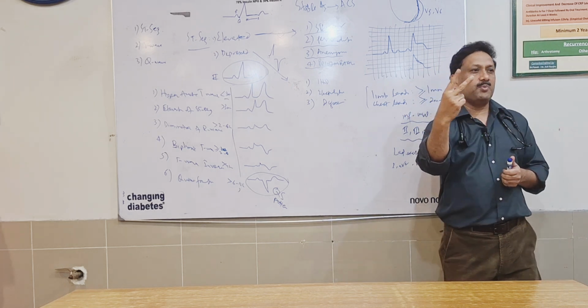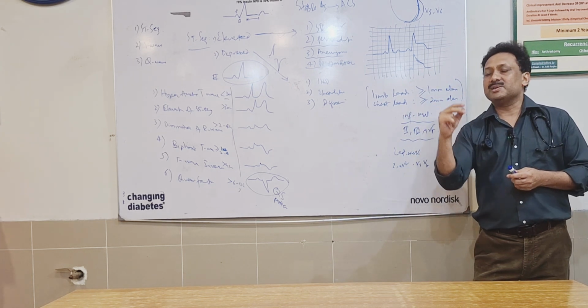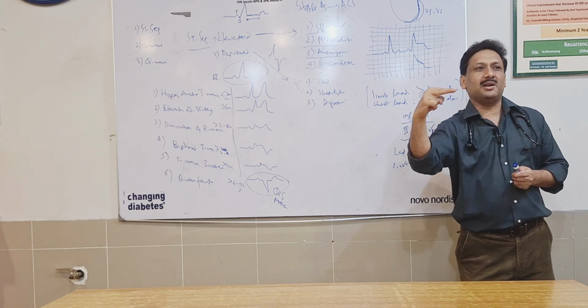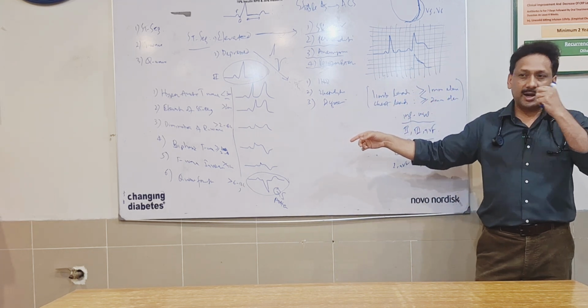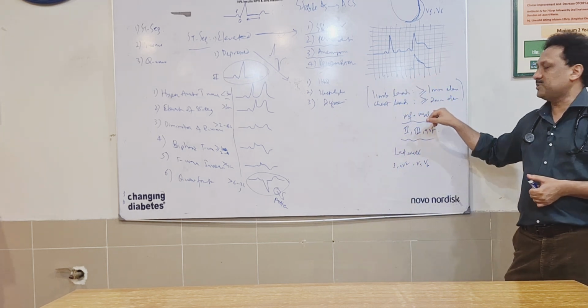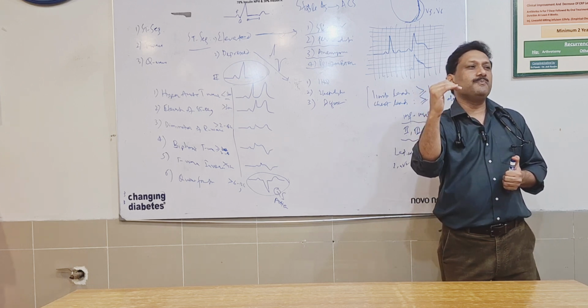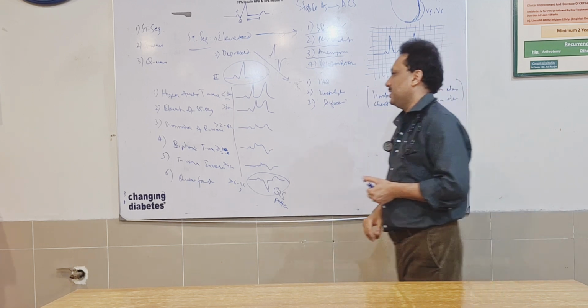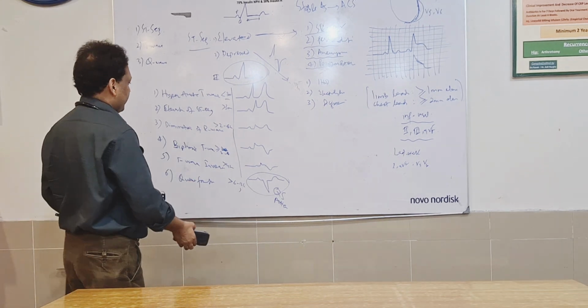And then 2 important points: whenever you are seeing the ST segment, see into adjacent lead at least. It is desired. In the setting of limb leads, the criteria is greater than or equal to 1 mm elevation. And in the setting of chest leads V1, V2, V3, V4, the criteria is more than 2 mm elevation in the adjacent lead. Now we are moving towards another thing.